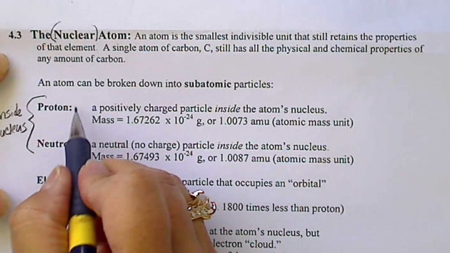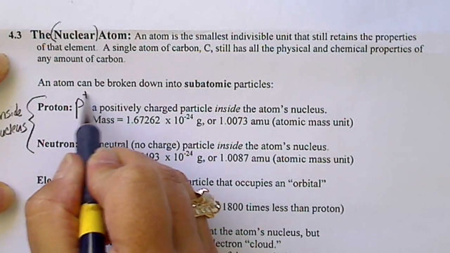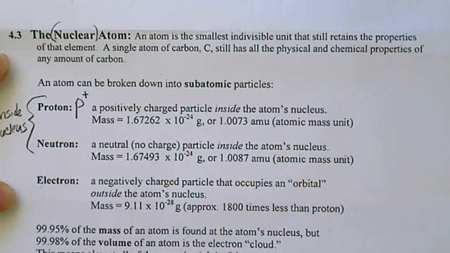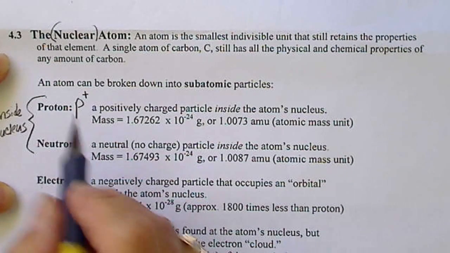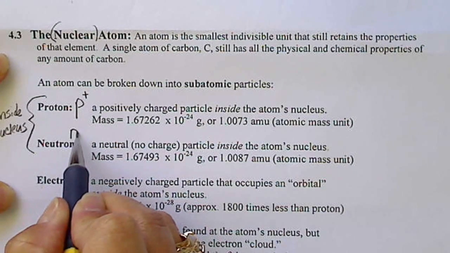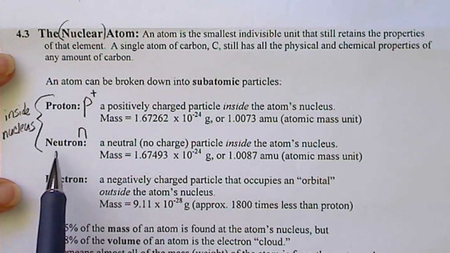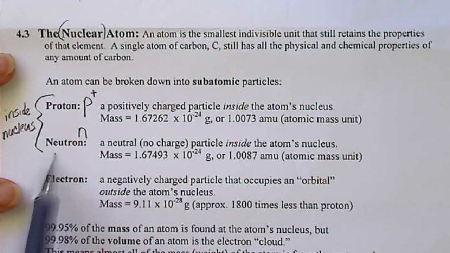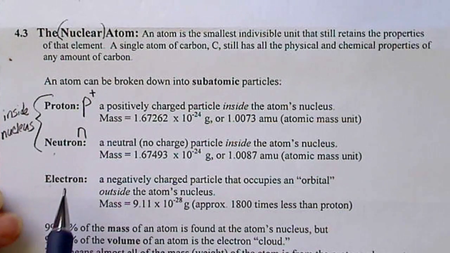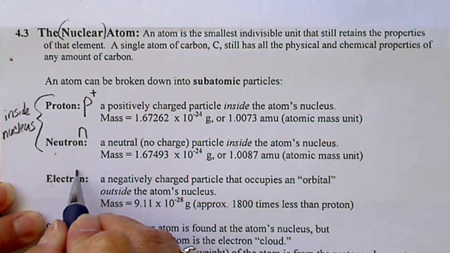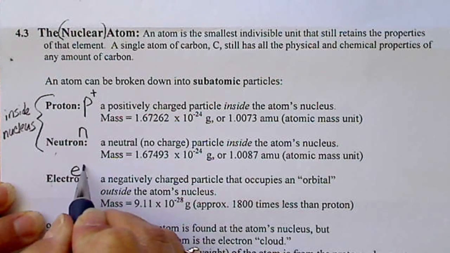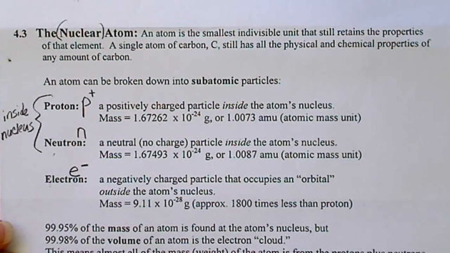And I'm going to write a proton as a P with a positive charge, and a neutron I'll generally write as an N. So a neutron does not have a charge, and so it sort of sounds like the word neutral. And an electron I'm going to write as an E with a minus sign.